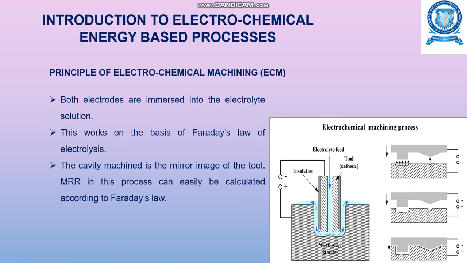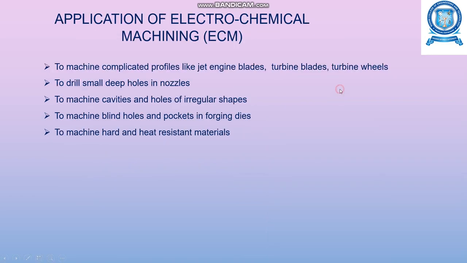Normally this works on the basis of Faraday's law of electrolysis. The cavity machined is a mirror image of the tool, and the metal removal rate in this process can be calculated by means of Faraday's law.